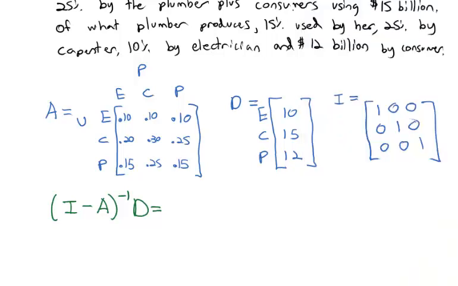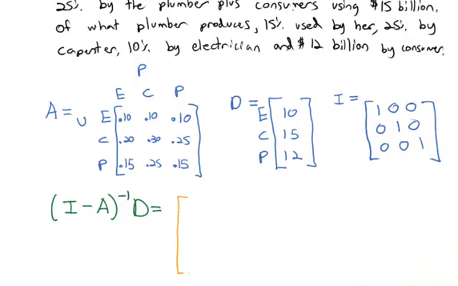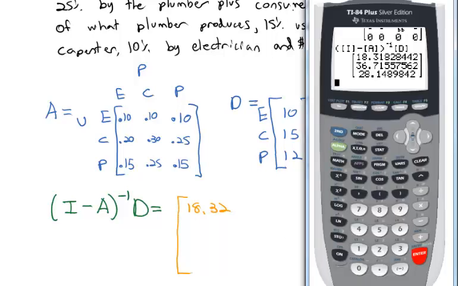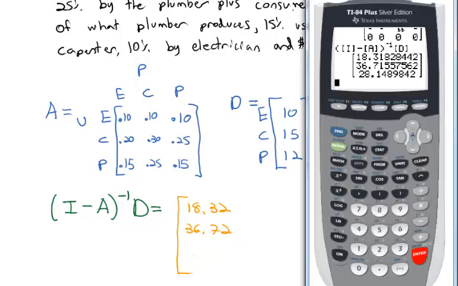And those are in billions, so we're just going to round everything to billions. 18.32 billion. 36.72 billion. And 28.15 billion.